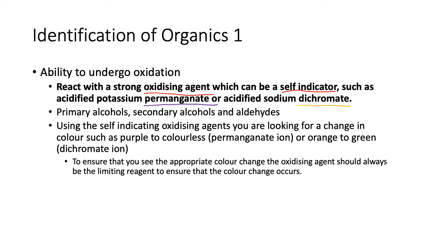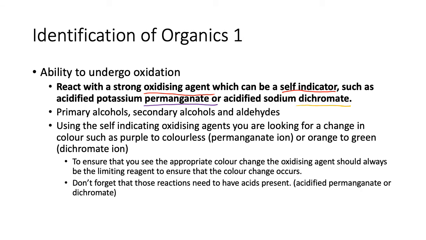So only add a little bit of it. Okay, and then don't forget, even using the standard reduction potential table, that these reactions need acids to occur. So you need a H plus ion. So generally we add a little bit of concentrated sulfuric acid beforehand just to make sure that it has enough H plus ions to react. Okay.